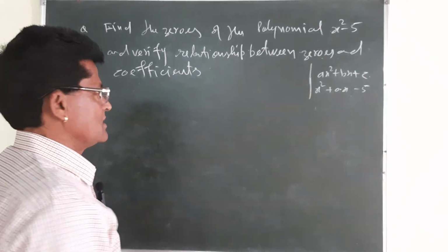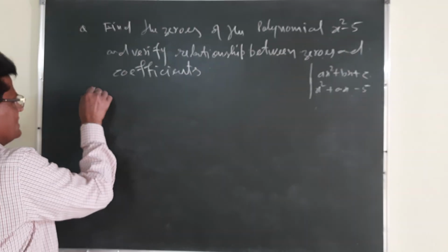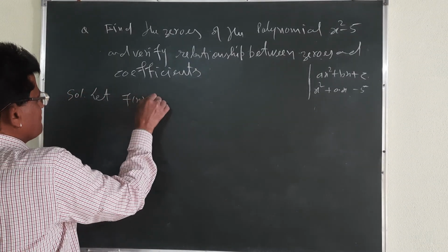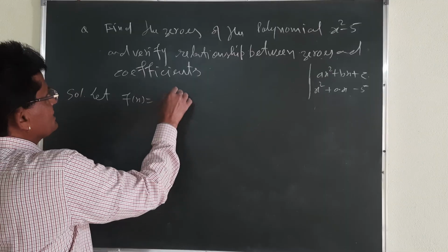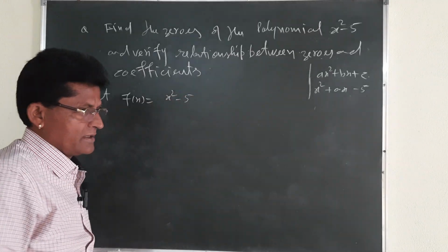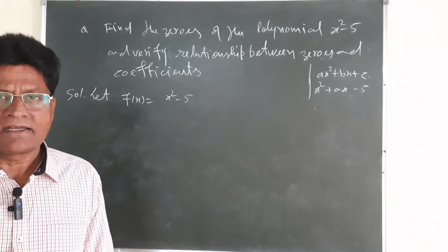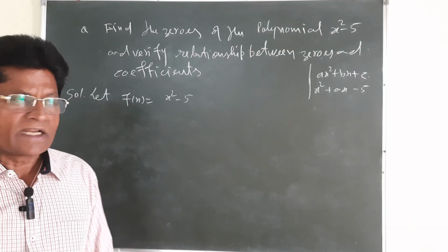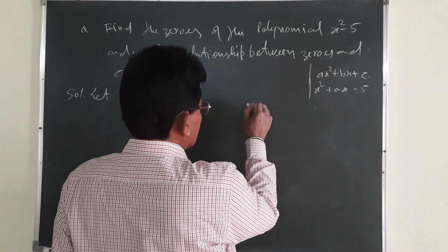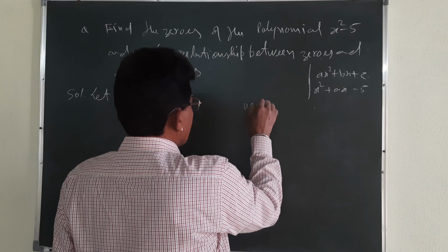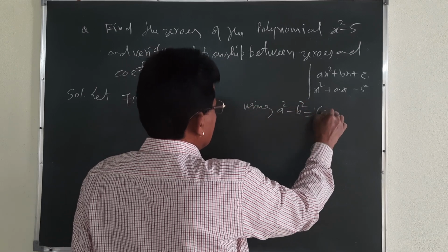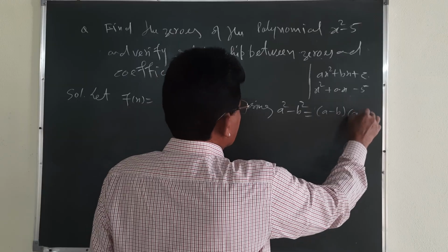Quadratic polynomial. And as I told you, when you will find out the solution, fx will be equal to x square minus 5. Can you find out its factorization, as I told you, by splitting the middle term or the factorization method? I will use here a square minus b square will be equal to a minus b and a plus b.